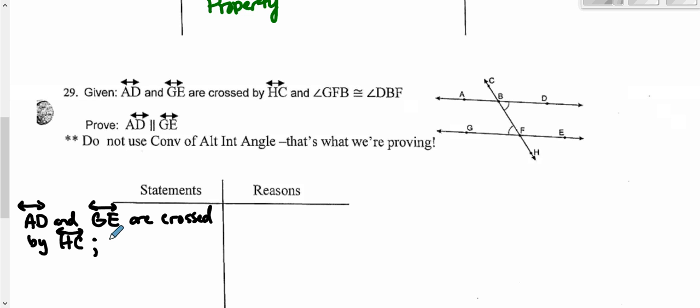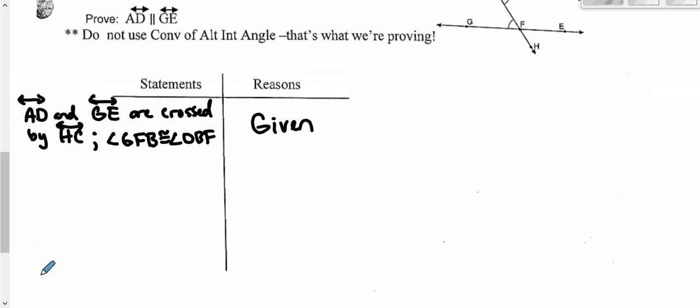And we're also going to say that angle GFB is congruent to angle DBF. So this is our given information. Now we're trying to prove, which I'll put down here at the end, that AD, line AD, is parallel to line GE. Figure out our reason in a moment.